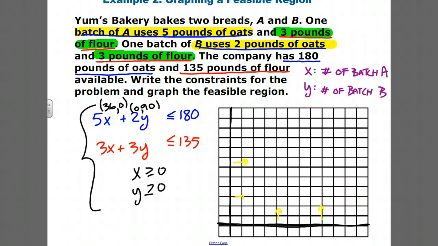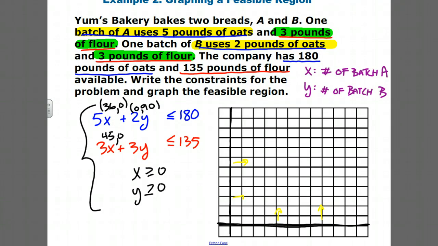So far we have to go up to 90 on our graph, so I'm thinking going by tens. Take a look at the other equation. What is 135 divided by 3? Well, 30 gets us to 90, so how many more do we need? 15 plus 30 is 45.